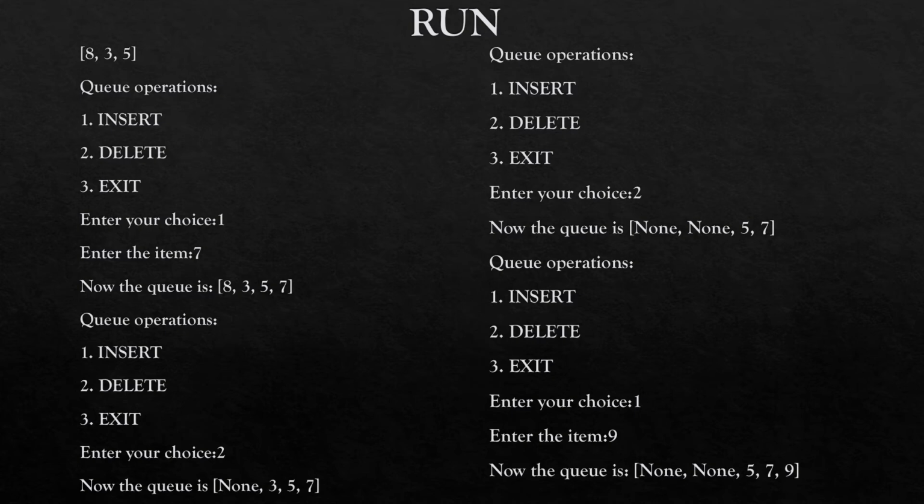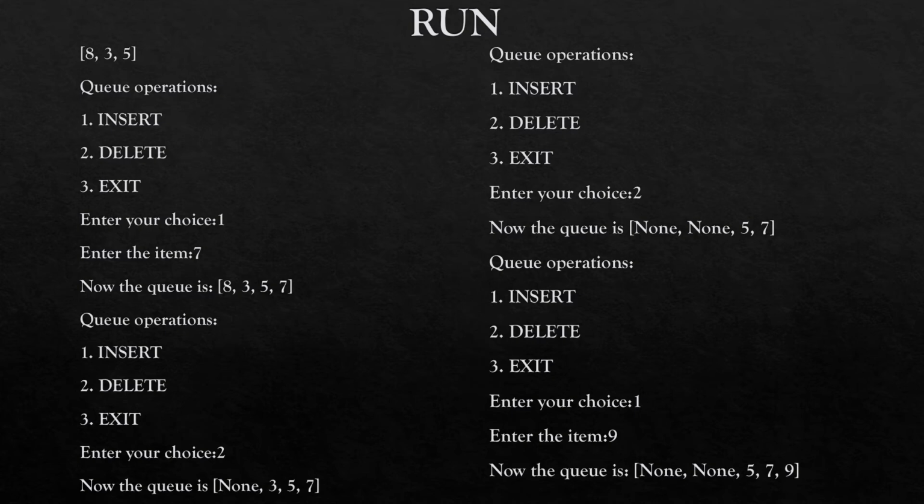Let's say the second choice entered by the user is 2. Then what will happen? The item will be deleted, removed, but the items will not be shifted. So we have assigned the front value of the queue as none. So the rest of the elements will be in their respective positions.